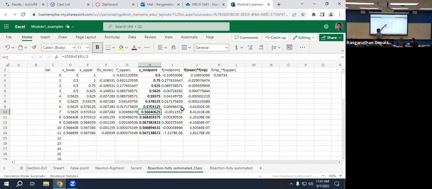But the thing you need to focus on is what's the value of f at that midpoint? It's already minus 7 times 10 power minus 6. It's practically 0. Suppose we set a tolerance of 1e minus 6. That is, you want to keep iterating until this value, column I, falls below 10 power minus 6. You need to do this for a few more iterations.